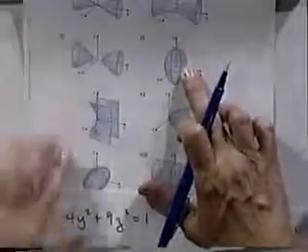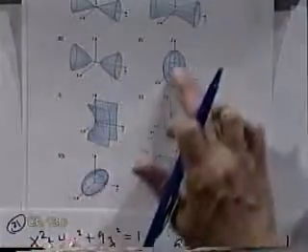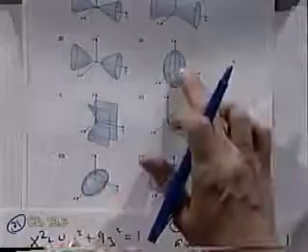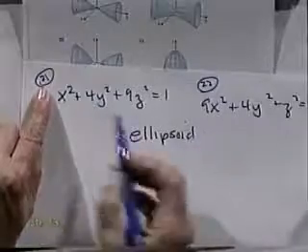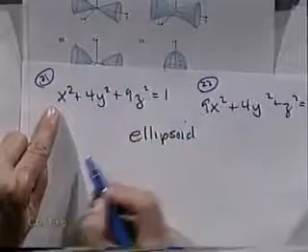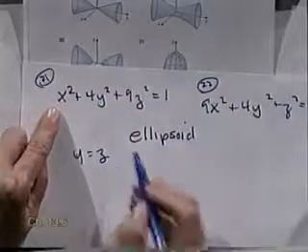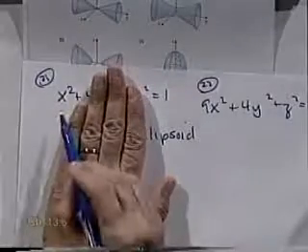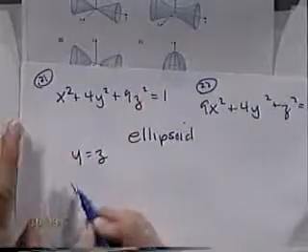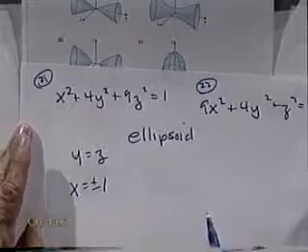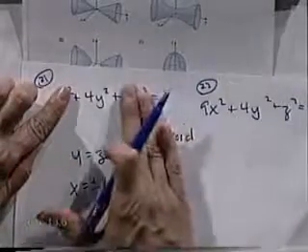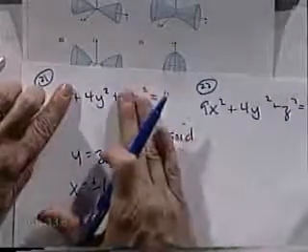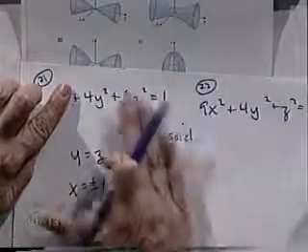Let's find our ellipsoids here. I have one here, and I have one here. You see the two right there? Which one is it? All right, now looking at 21, if you let y be 0 and z be 0, what does x have to be? Plus or minus 1. If you let x be 0 and z be 0, you have 4y squared equals 1.